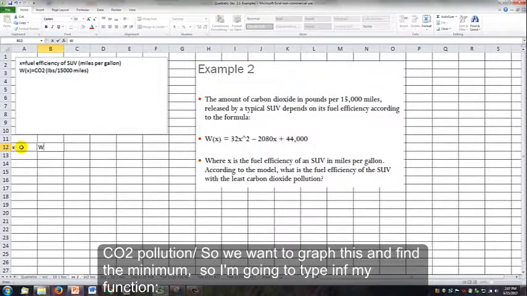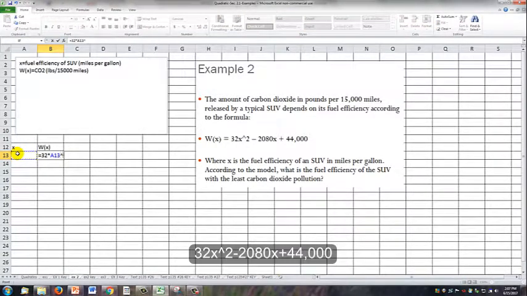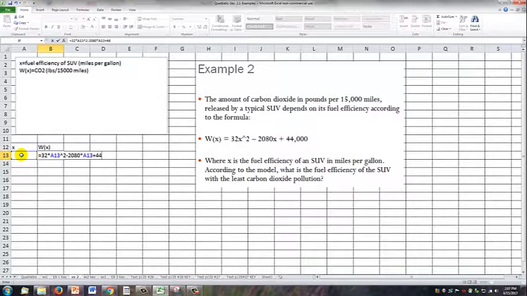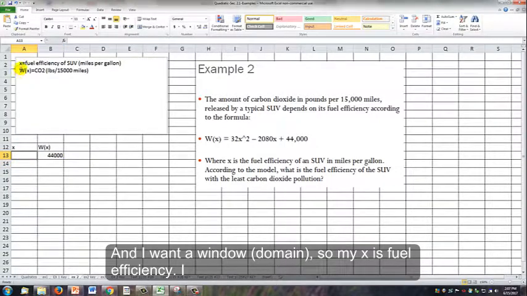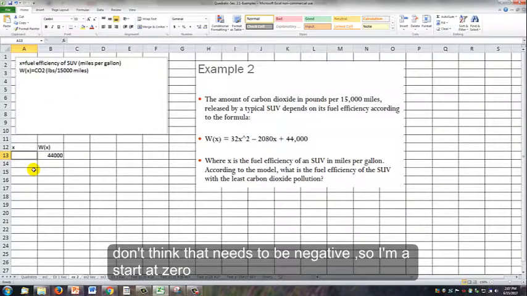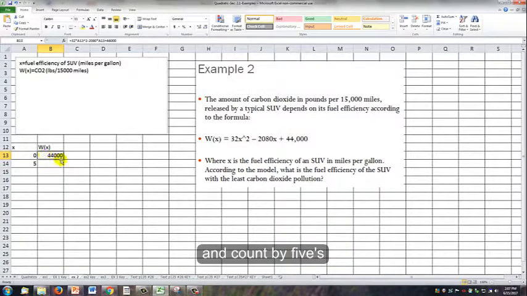So I'm going to type in my function, 32 times x squared minus 2080 times x plus 44,000. And I want a window, so my x is fuel efficiency. I don't think that needs to be negative, so I'm going to start at 0 and count by fives.